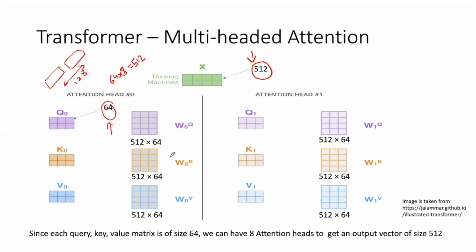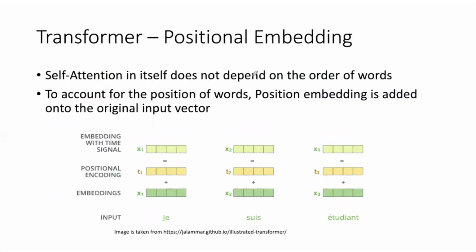For each such 64-dimensional vector, there is an associated query, key and value matrix. So we'll have 8 such query, key and value matrices. Each query, key and value matrix is called a head. So we have several such heads. That's the reason it's called multi-head attention.